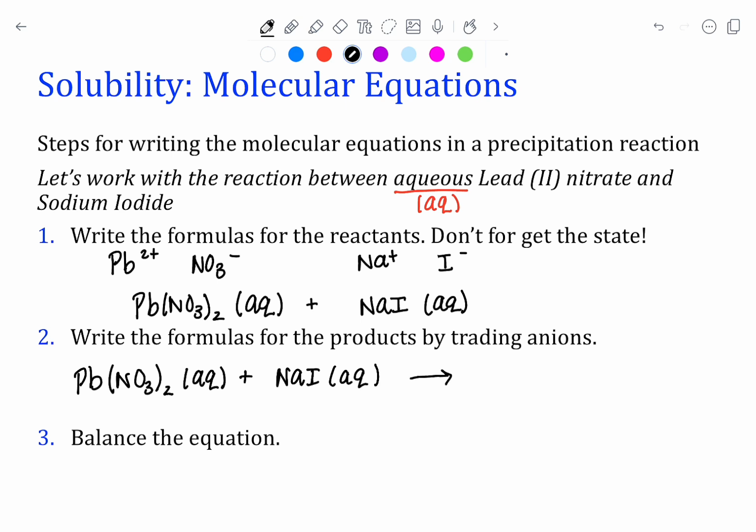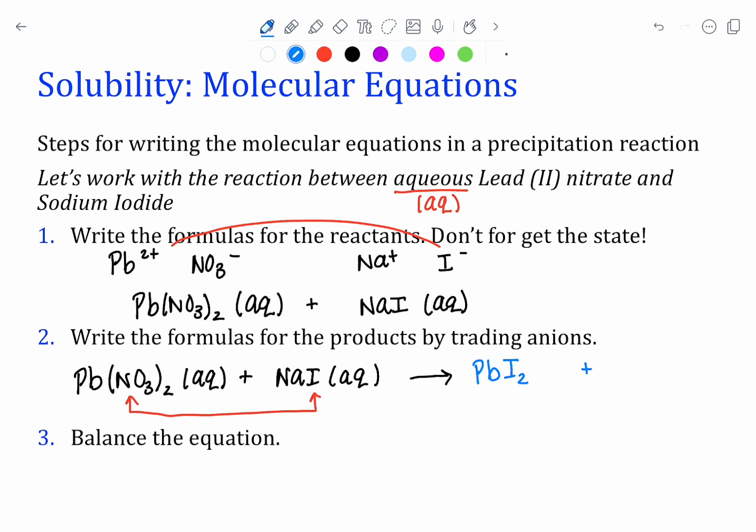And now what we're going to do is swap out our anions. So I now have lead with iodide, so we have to look at our charges for that. So Pb2+ and I- would become PbI2.